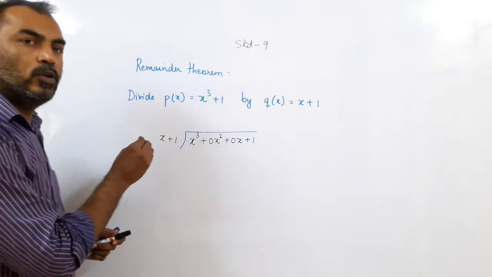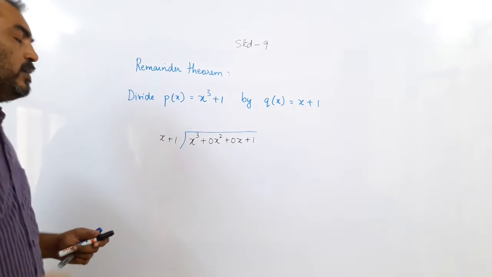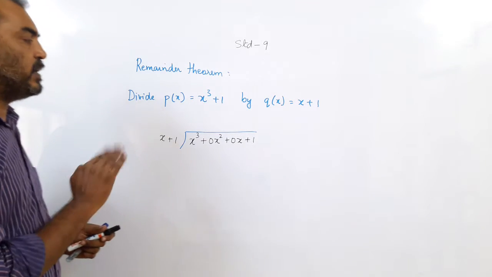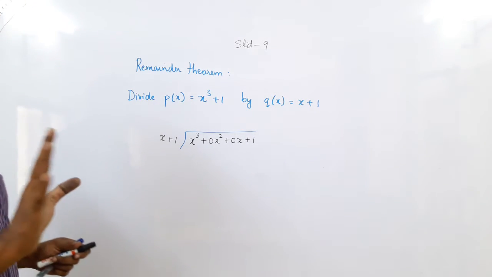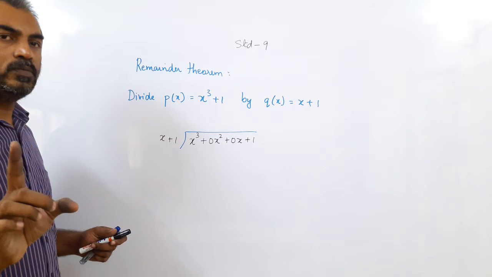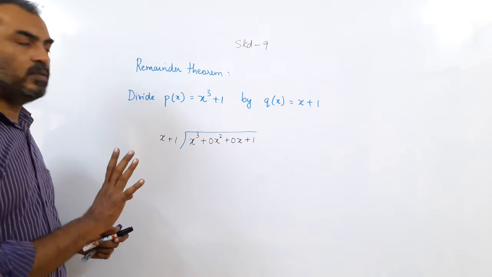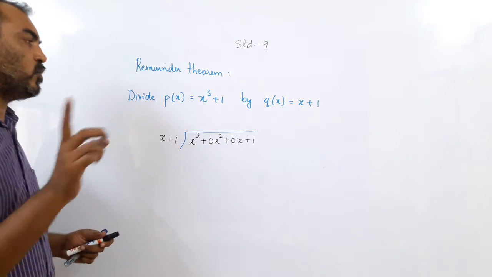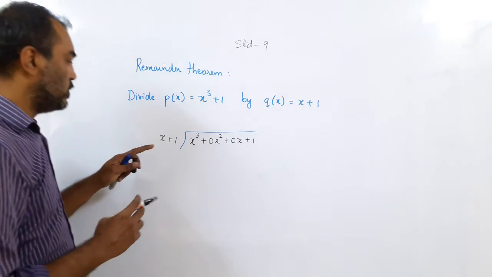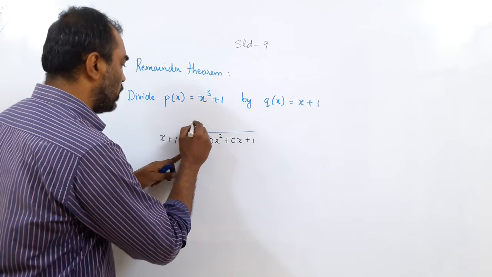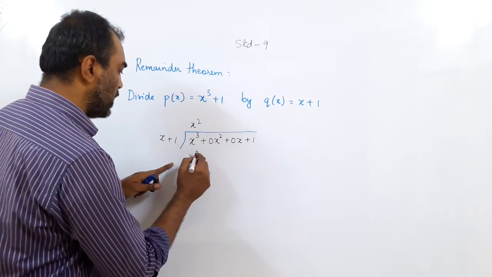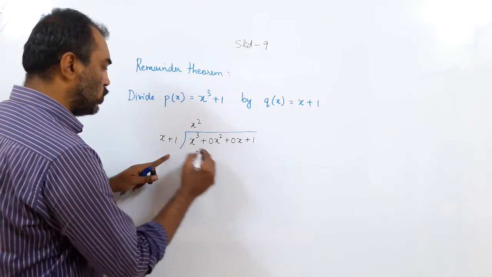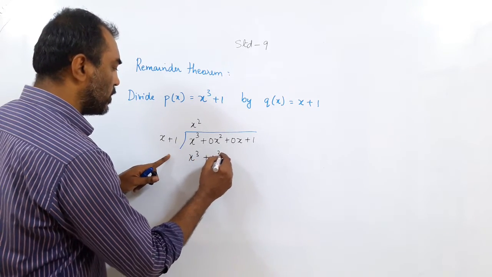You pause the video here, do your division and then play the video and see whether it matches or not. So I want you here to pause the video, do this division and after that check whether the division is right or not. So x into x square gives me x cube and x square into 1 gives me x square.